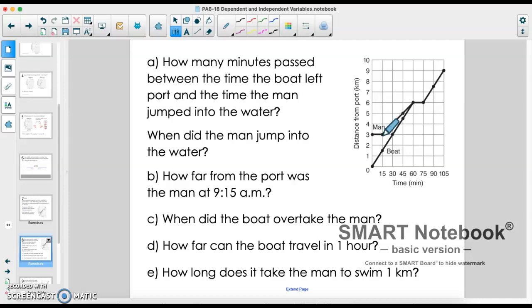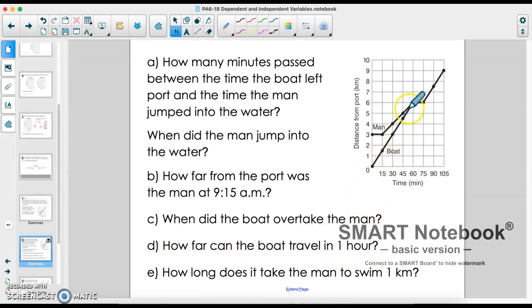The next question says, when did the boat overtake the man? So we look at where the two lines intersect. That's 60 minutes after the boat left, and so that represents 10 o'clock, 10 a.m. Then the next question is, how far can the boat travel in 1 hour?